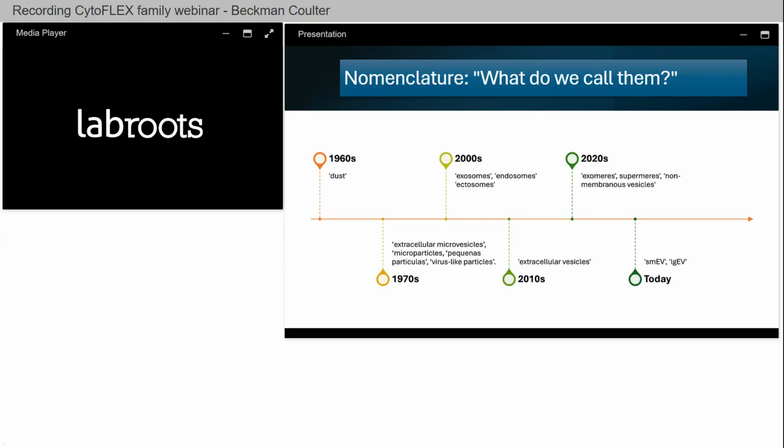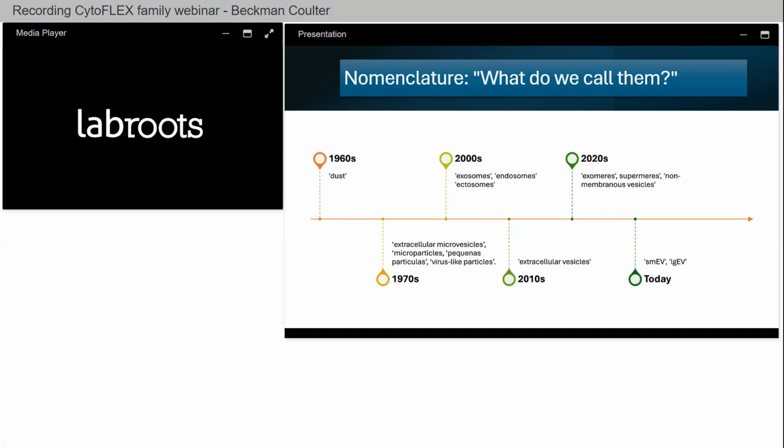We started out with nomenclature. When I use the terms nanoparticles and extracellular vesicles, you may also hear exosomes, microparticles, and microvesicles. They're all used somewhat interchangeably.